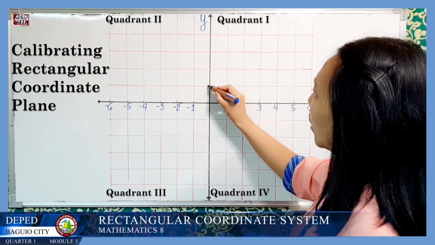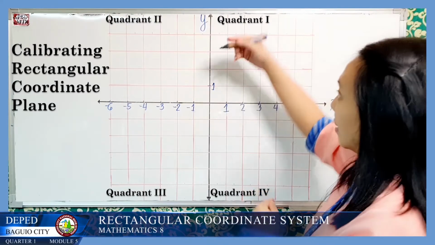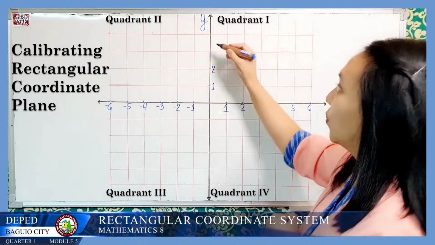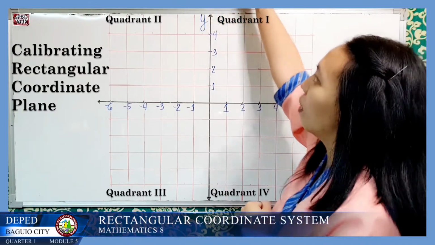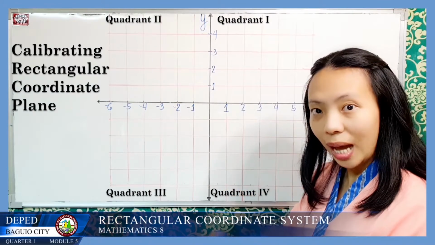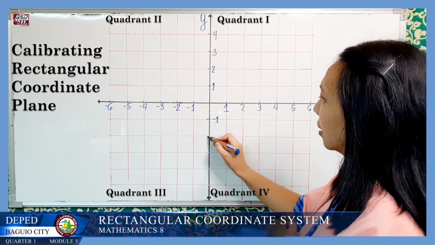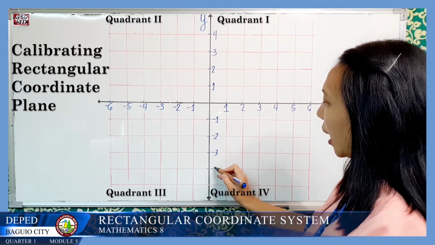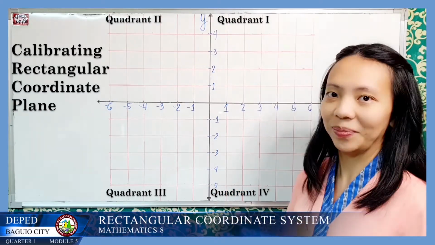So, if we have here 1, above that is 2, followed by 3, 4, and so on. Going down the point of origin, -1, -2, -3, -4, -5, and so on.